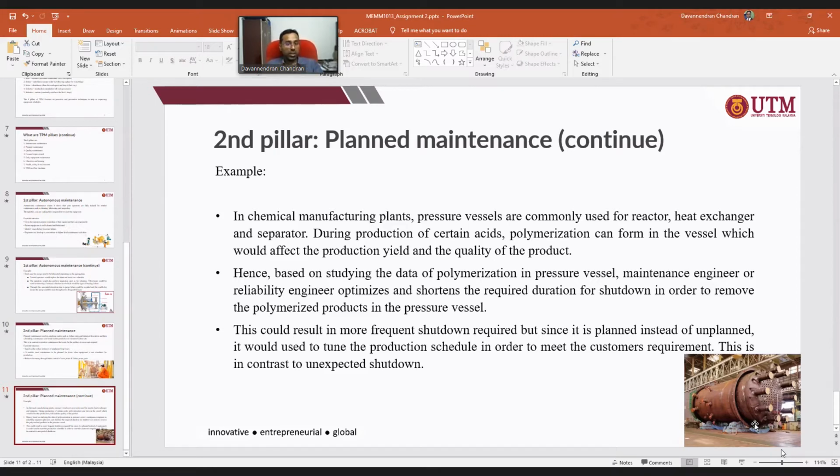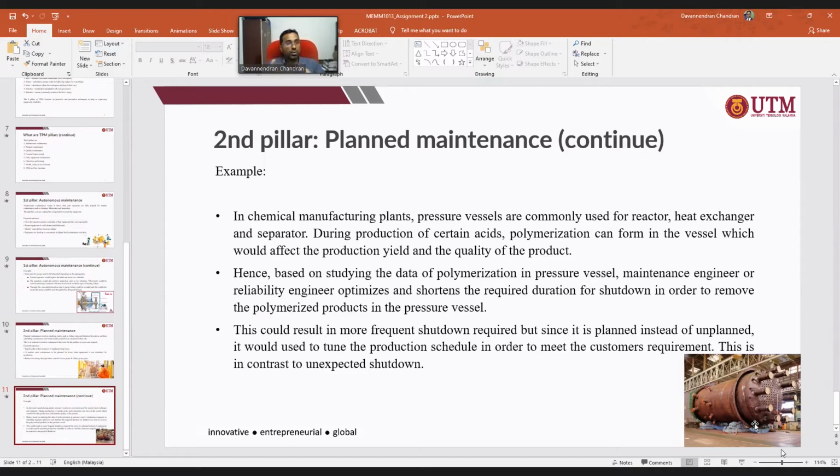The engineer would be able to study the data of polymerization in the vessel, and then using the data, the engineer, for example the reliability engineer, could optimize and shorten the required duration for the maintenance work.